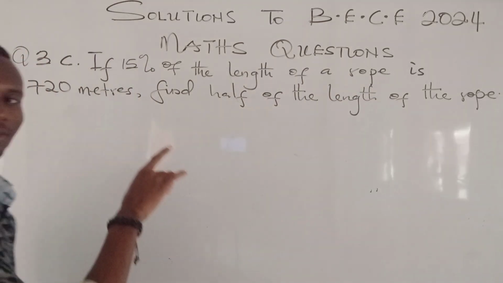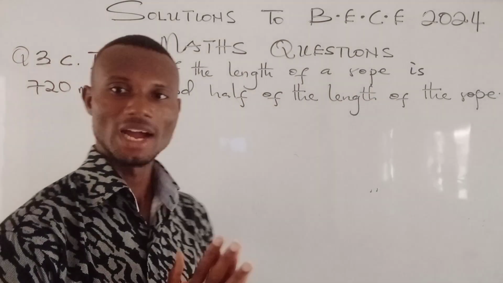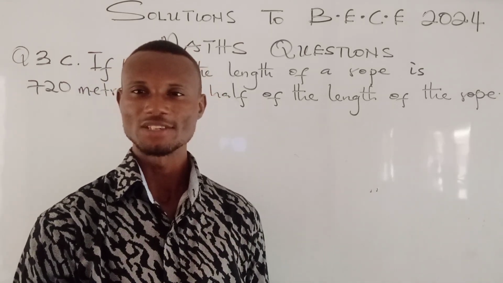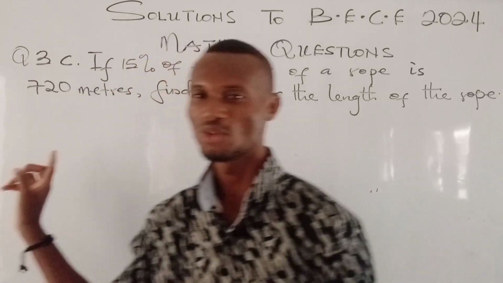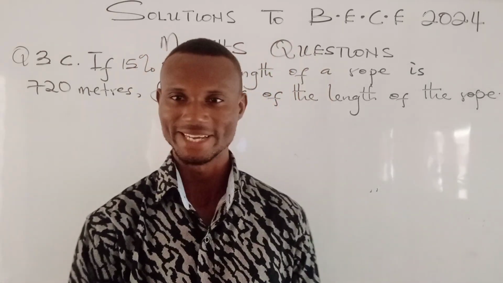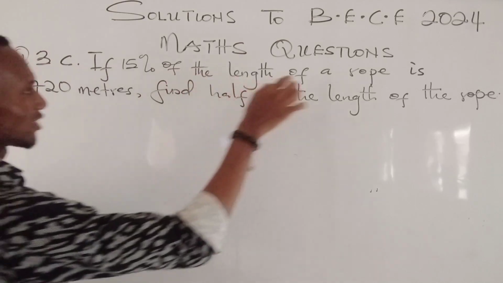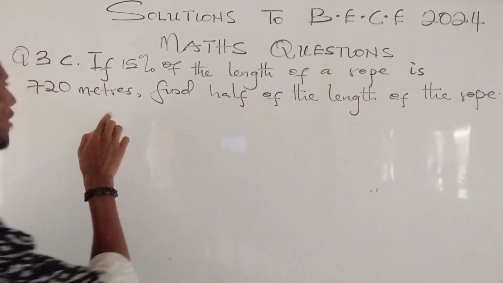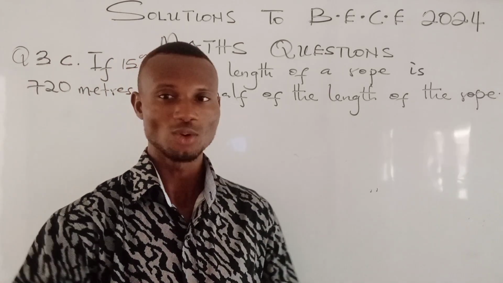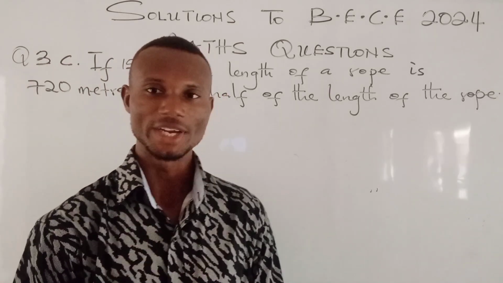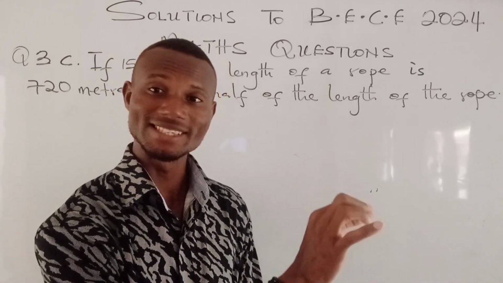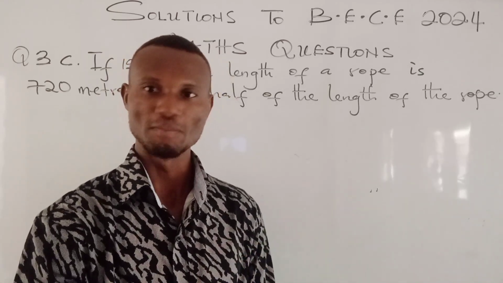Now you don't have to rush it, because most students will think that the length of the rope is the 720 meters, which is not so. It says that if 15% of the length of a rope is 720 meters, meaning that the length of the rope is unknown, we don't know it. So 15% of that length of the rope is 720 meters.